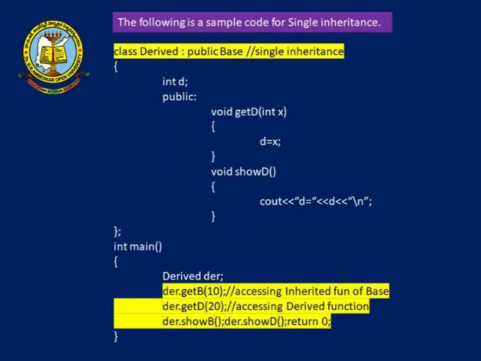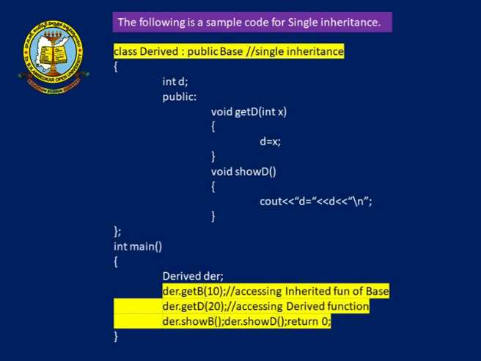And next we are deriving a new class. The new class I want to derive is named derived. It is going to be derived from the base class named base, and this derivation is a public derivation. Because we are creating a new class from only one existing class, this is going to be single inheritance.